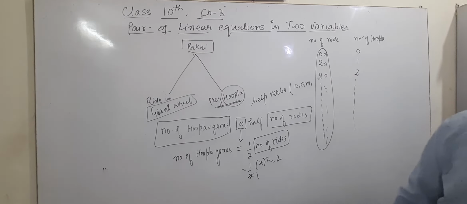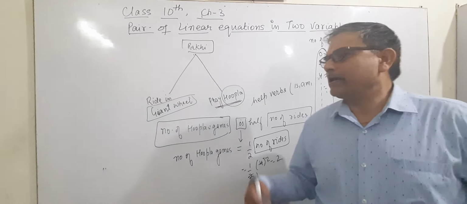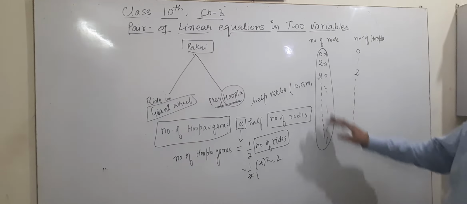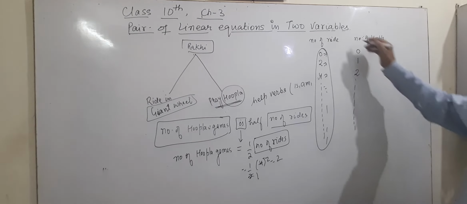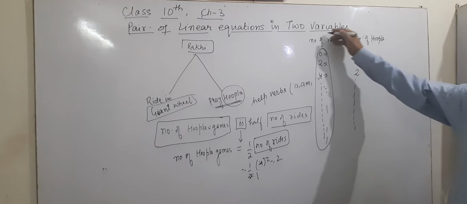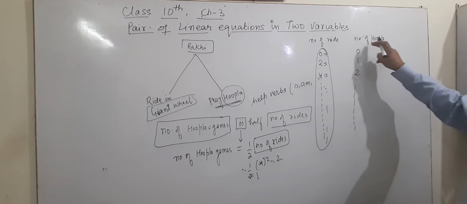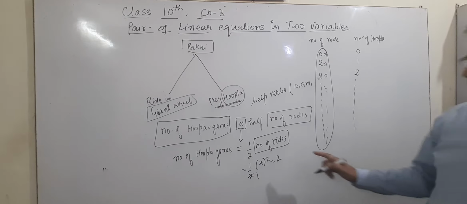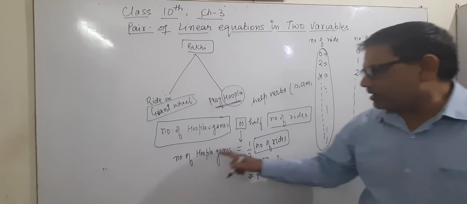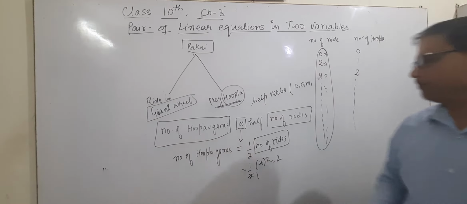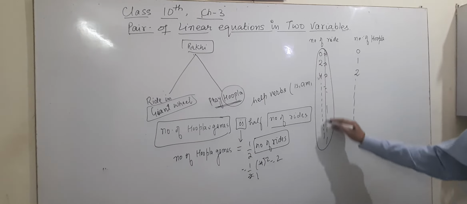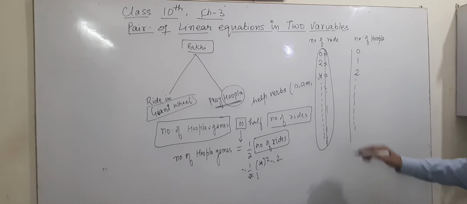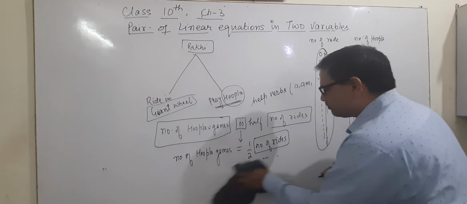It may be infinite, many solutions. The number of hoopla games always depends on the number of rides, but we don't know the number of rides and the number of hoopla games.